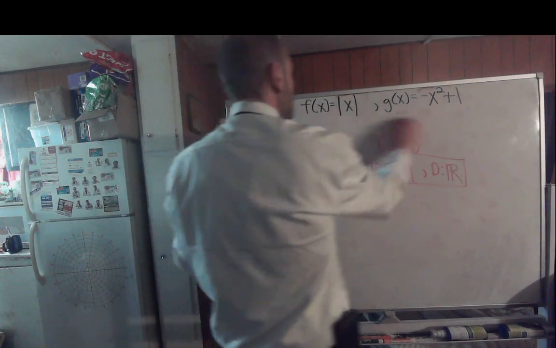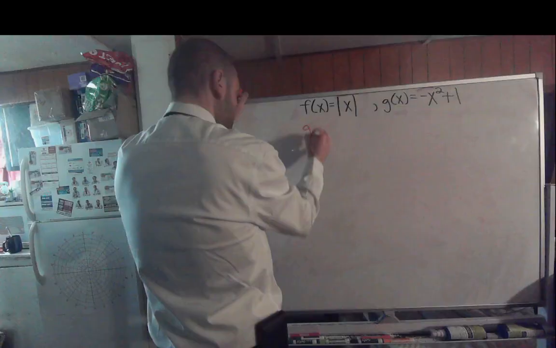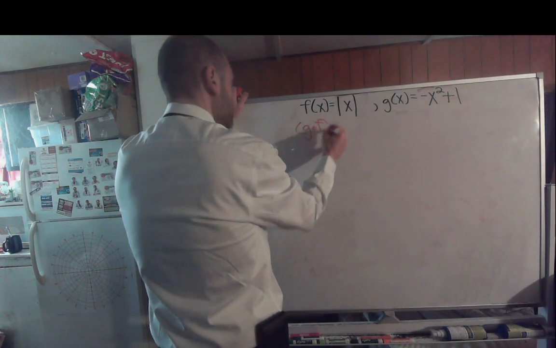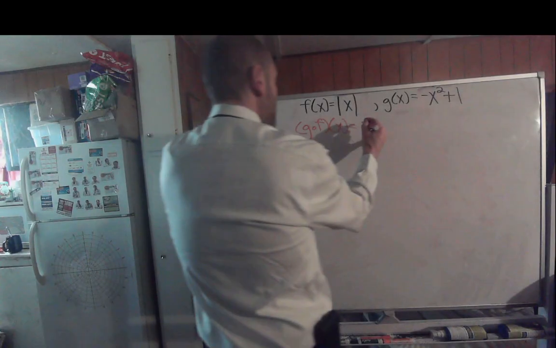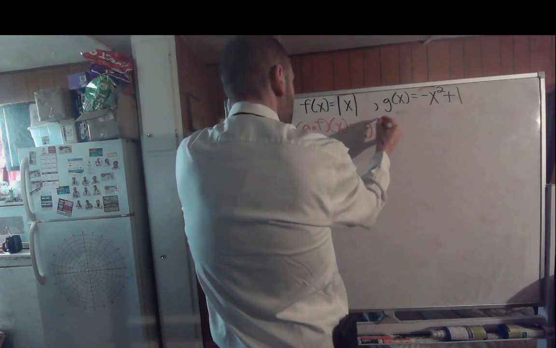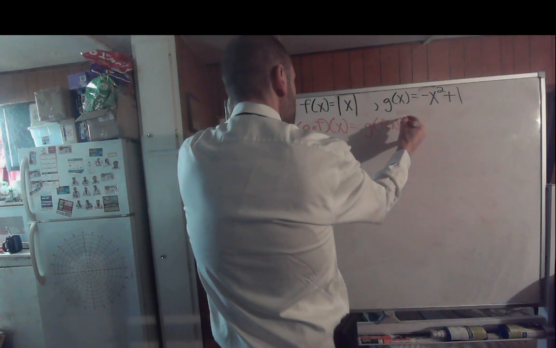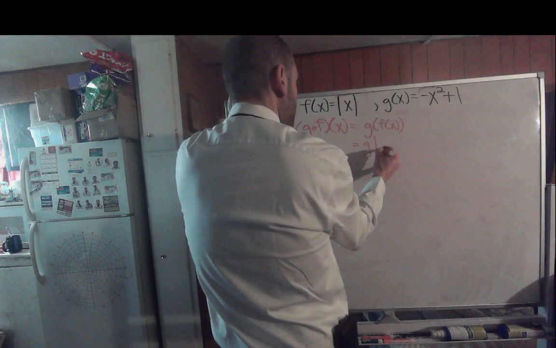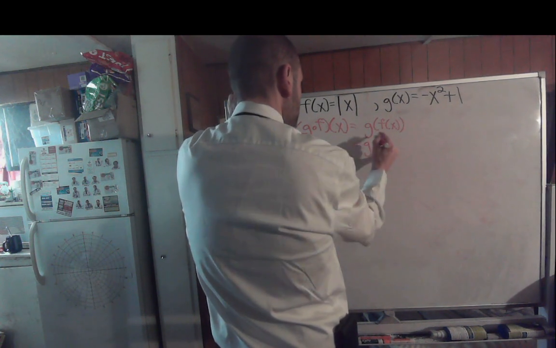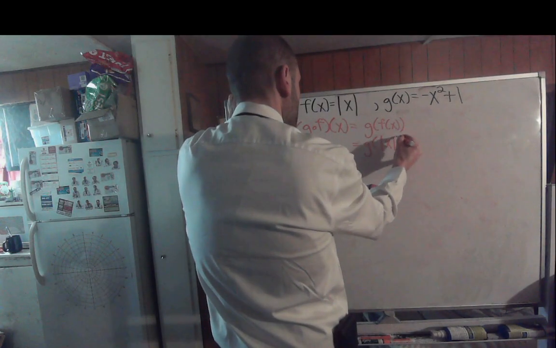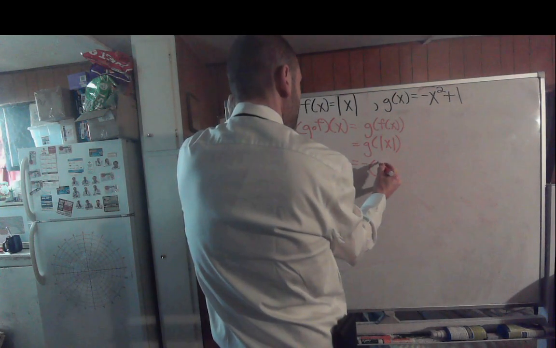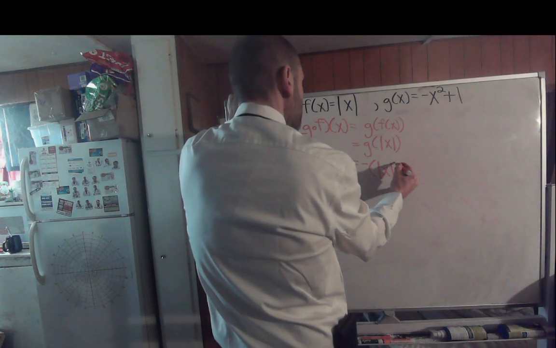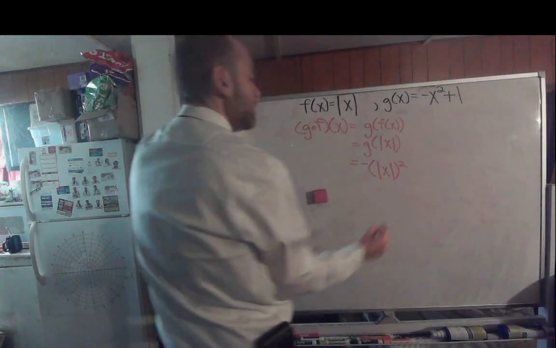Now let's do g composition f of x. Well, this is going to be the same as g of f of x, which would be the same as g of the absolute value of x. So this is going to be the same as negative of the absolute value of x squared plus 1.